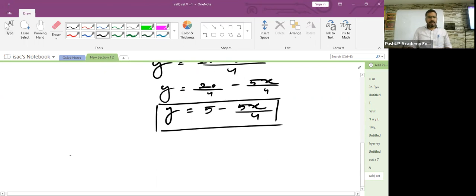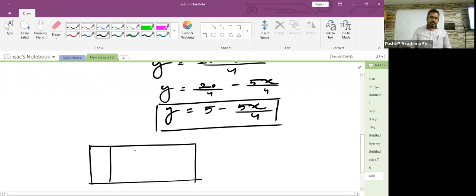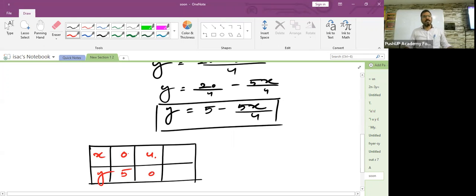Now start preparing the table for this, all of you. X and y. What is the first value of x? 0. So y will be 5. The next value of x will be 4. So y will be 5 minus 5 into 4 by 4, that is 5 minus 5, which is 0.